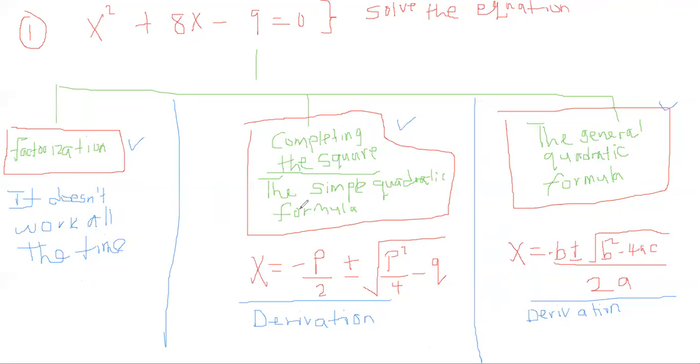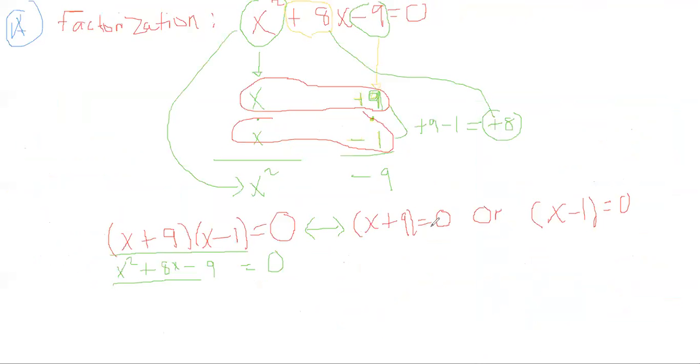And when we talk about a quadratic equation, it always has two solutions. Sometimes it can have one solution as well, where the discriminant is equal to 0, but we will check those things later. So what we are trying to do here, x plus 9 equals to 0, or x minus 1 equals to 0. We want to find the value of x. This is what we are interested in.